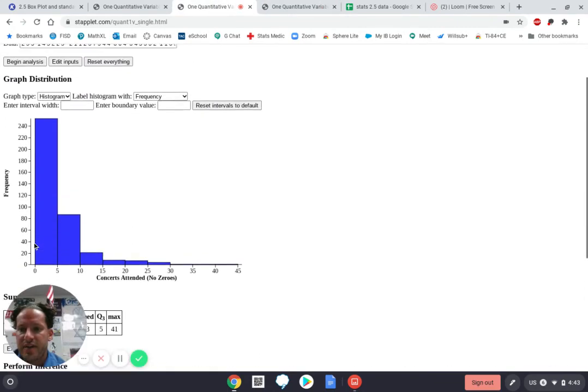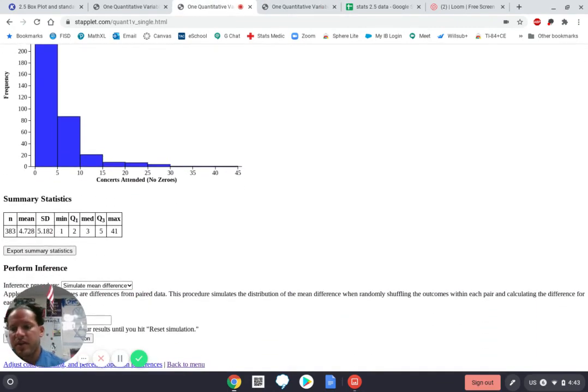If we did have any outliers, for example, here we are with the 383 data points that we had. If you notice Q1 and Q3, 2 to 5, that gives us an IQR of 3. So if I'm looking to see if this 41, this max, is actually an outlier, I would take Q3, 5, and add it to 1.5 times the IQR, which we said was 3.